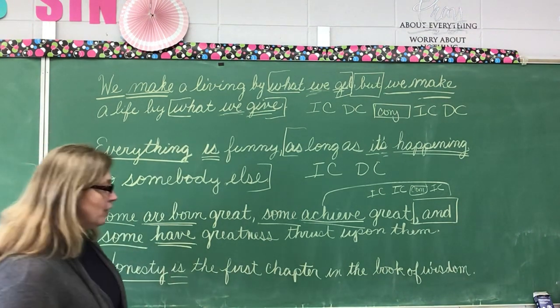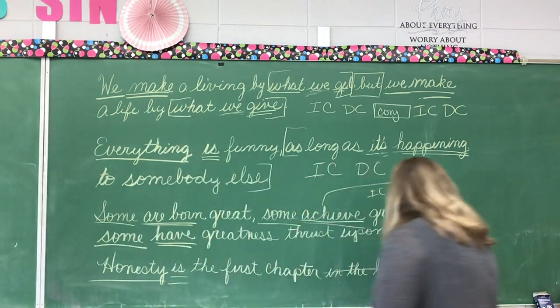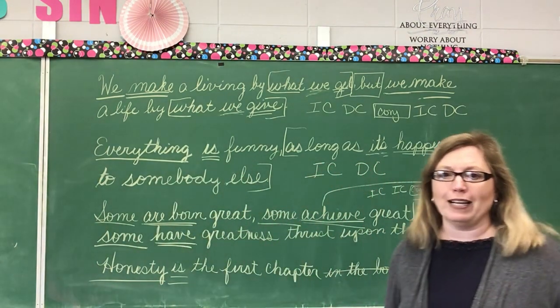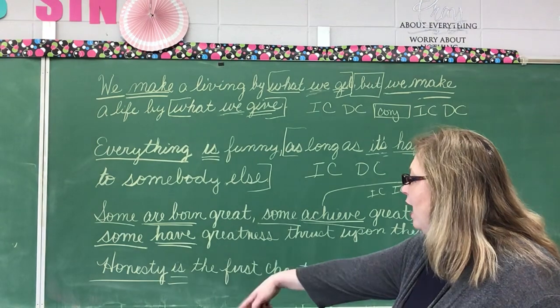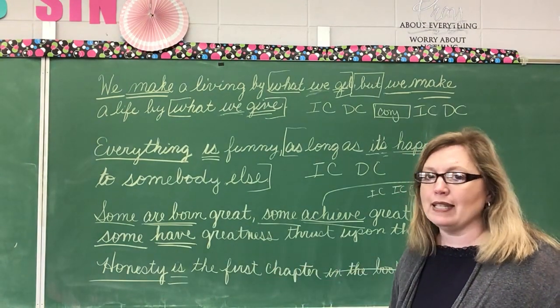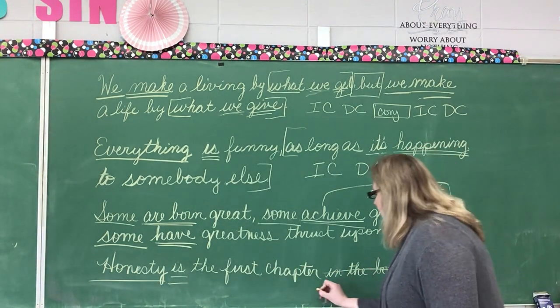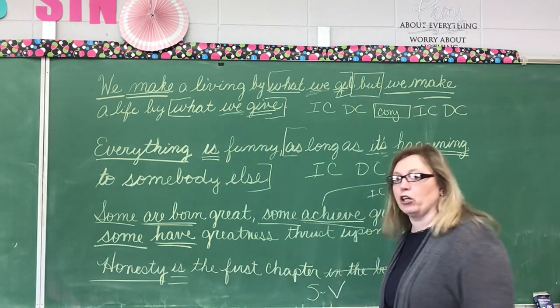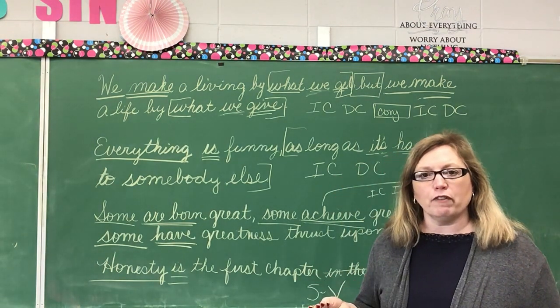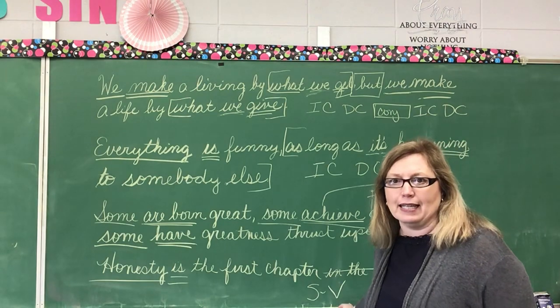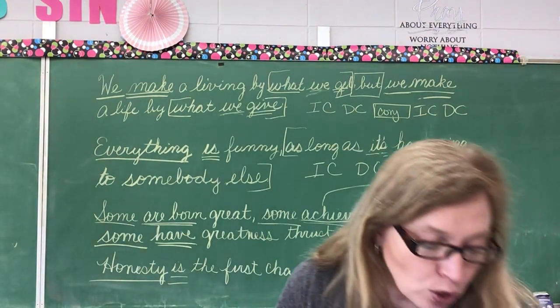If you look at this, you can see that in the book of wisdom are prepositional phrases, but that doesn't help us here. Honesty is, what is that? Well, it's simply a subject and a verb. So what is a subject and verb? It's a simple sentence. Let's look at the next one.